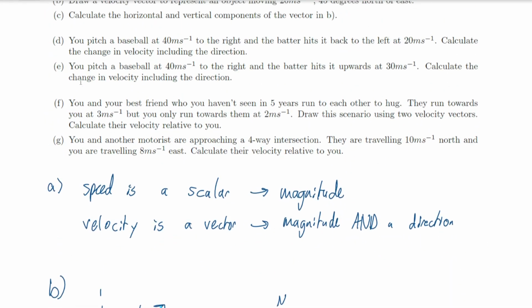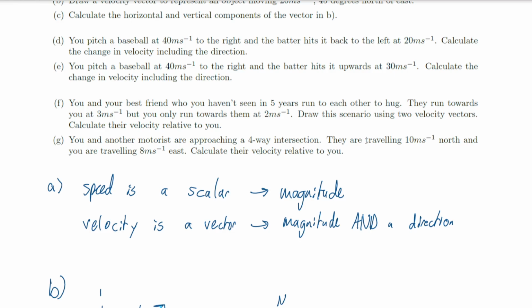And so the next one is, okay, you and another motorist are approaching a four-way intersection. They are traveling 10 meters per second north, and you are traveling 8 meters per second east. Calculate their velocity relative to you.